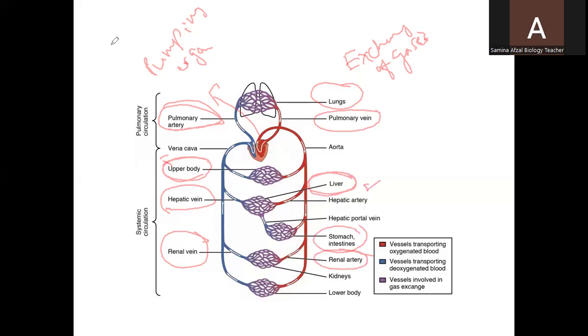And in this way, the hepatic portal vein is there, which takes the blood from the small intestine towards the liver. So in this way, these arteries and veins play a vital role in the collection and transportation of the blood between the heart and the different parts of the body.